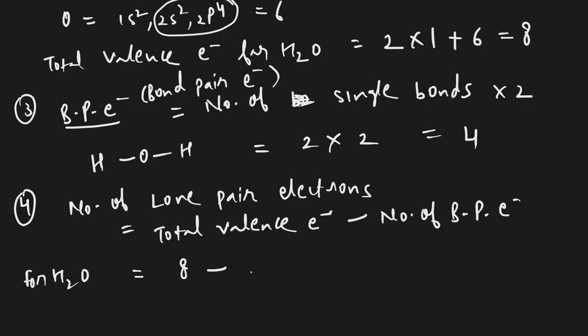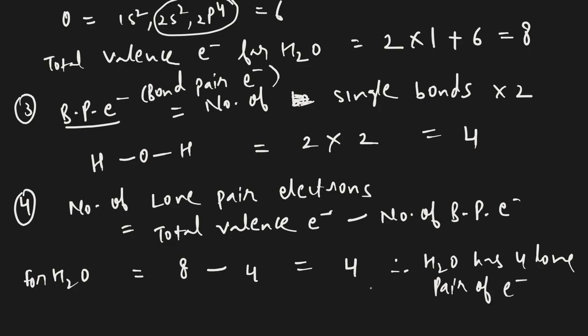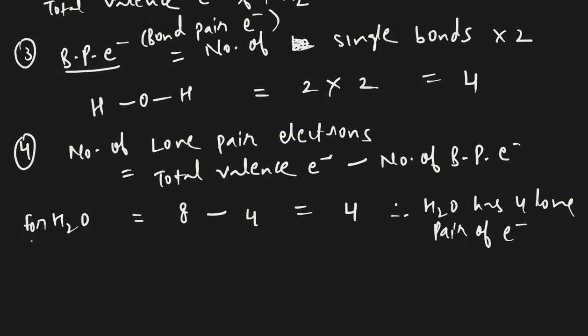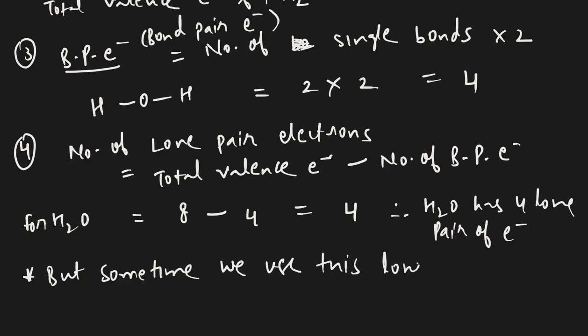So the number of lone pair electrons would be 4. Therefore, water has 4 lone pair electrons. But this is not a strict rule. Reason being, this is just a formula for the lone pair, but sometimes we use this lone pair to form double or triple bonds.